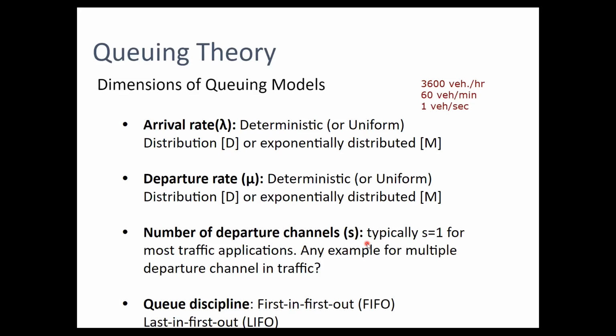If your analysis context is such that you can look at all of that demand as a total, then you could think of that as three different departure channels, serving the same demand with three departure channels. But typically in those applications we think about those three demands as differentiated demands. Like, the right turn demand gets separated from the left turn or through demand. So typically we don't look at that.